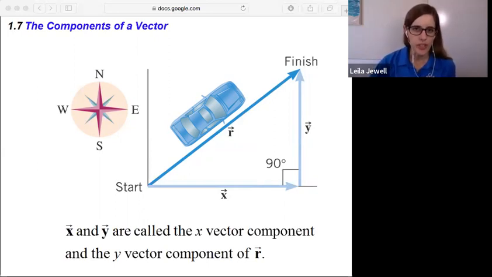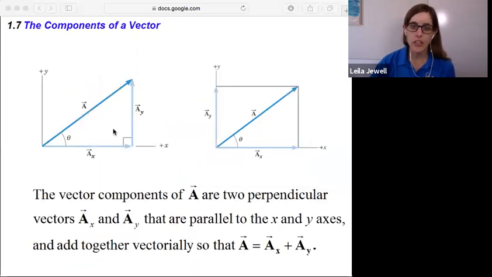So this is working in terms of the car example, but we could instead call it vector A as opposed to vector R. And then we could break vector A into an X component and a Y component. So this is just like on the similar slide, right, where the X component is purely in the X direction, the Y component is purely in the Y direction.